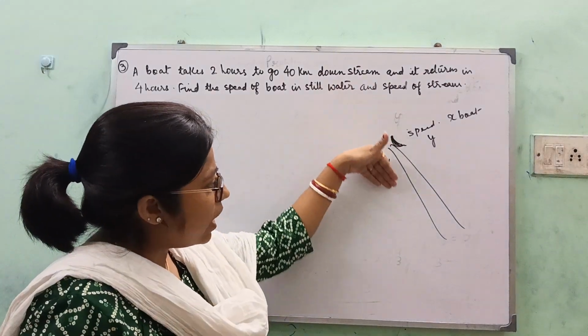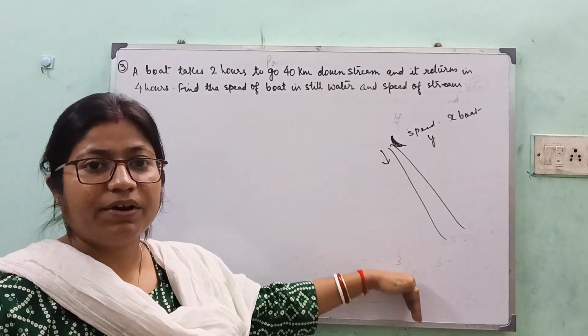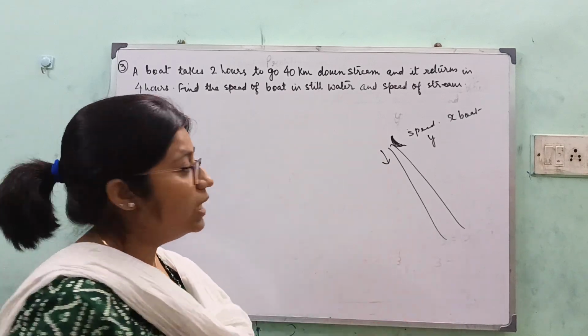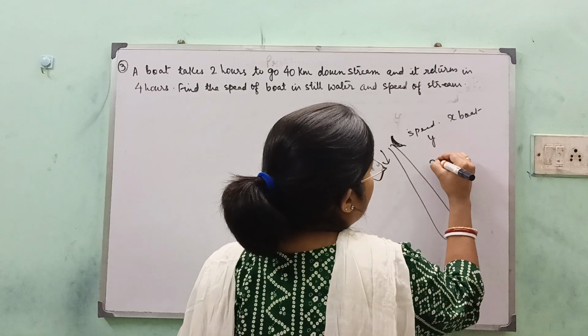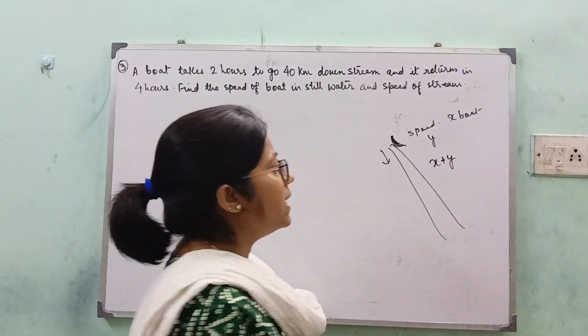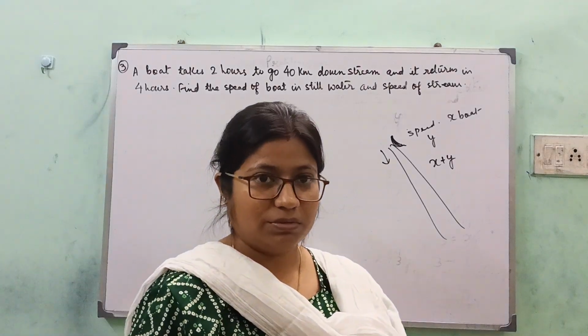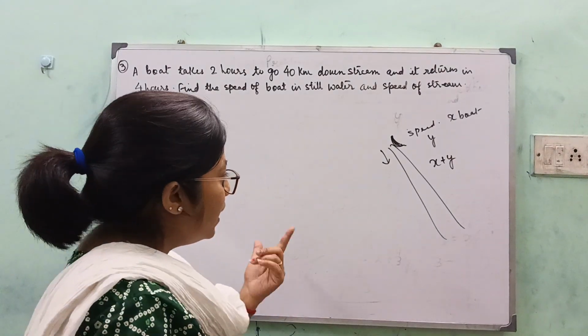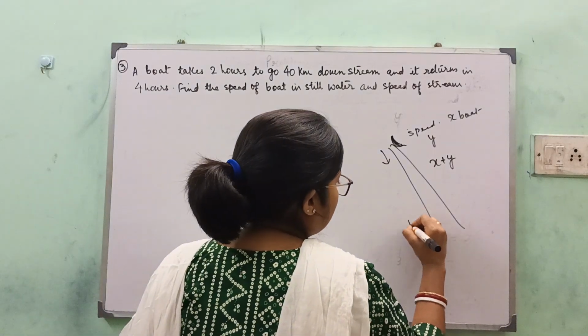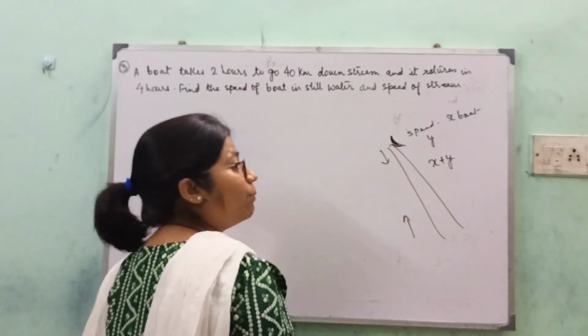So, when they are moving in the downward direction, the speed of the system becomes x plus y. Means in the downward direction, the speed becomes more. It goes faster.